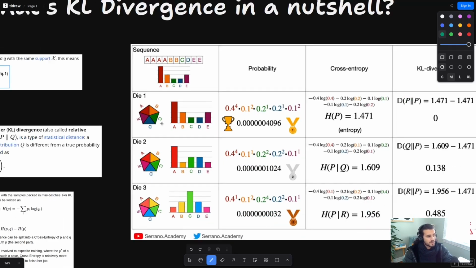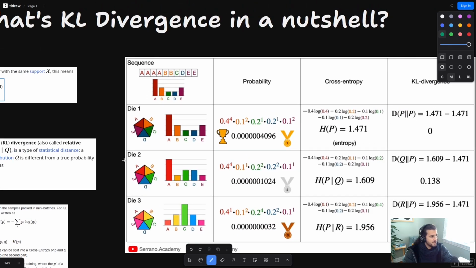But let's say you didn't know that, and then you have another probability distribution. You have another die over there and another die over there, and with their specific probability distributions, you're asking how different this sequence is from these. Are they pretty similar or are they pretty different? It's important in our case for reinforcement learning, for PPO and GRPO, because we want to constrain the model so that it doesn't differ too much from a base model, a reference model that we're keeping an anchor on.